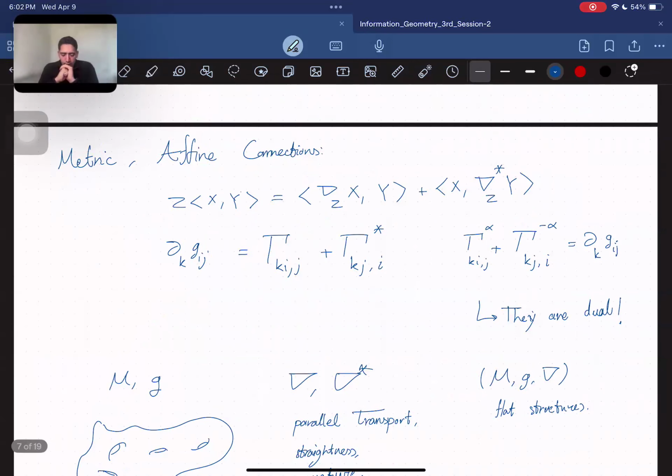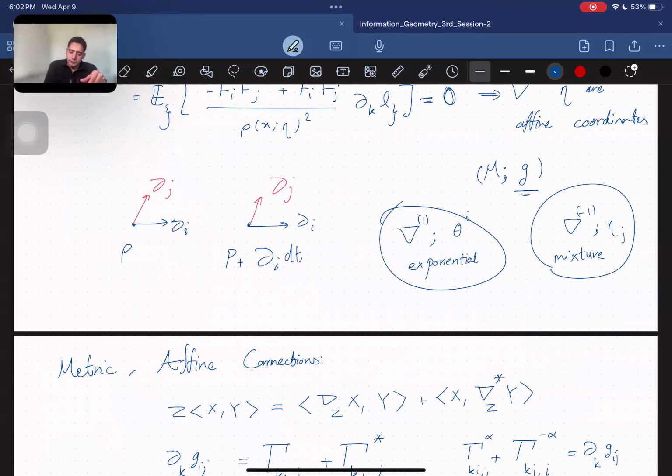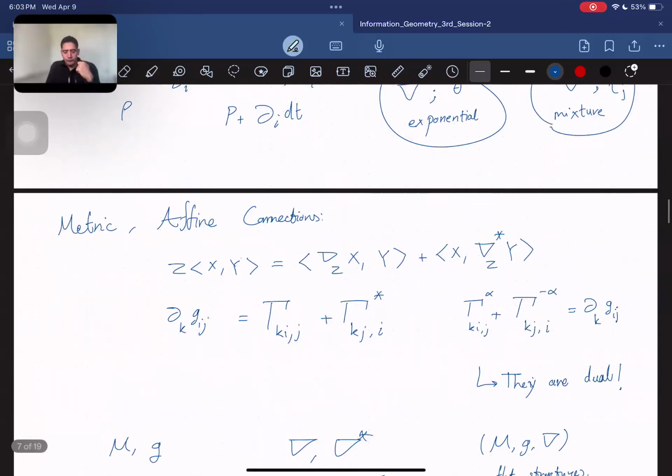If you remember from last session, we already talked about the dual concept of two connections. So I have this metric, and then I come up with some connection, some random connection. Is there a relationship between that connection and the Riemannian metric? If you remember from last session, this was the relationship.